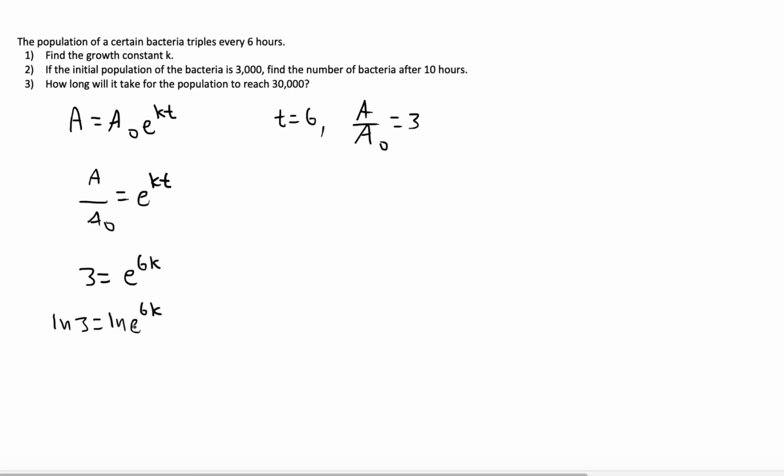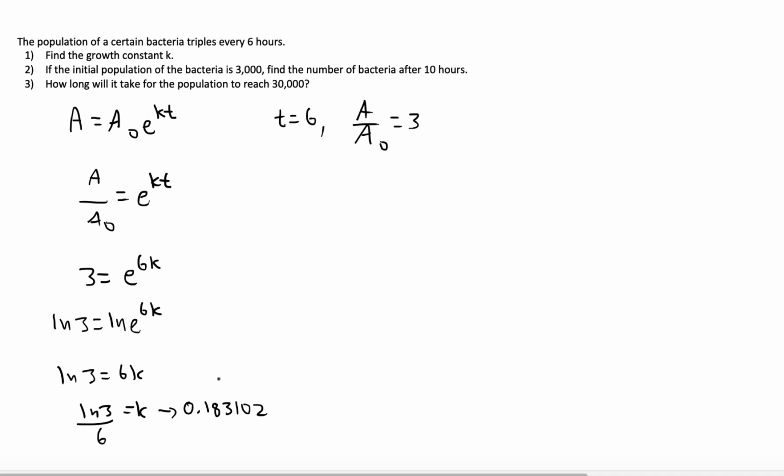And then the ln of e just cancels out, so ln of 3 is equal to 6 times k. And now we can solve for k. K is just ln of 3 divided by 6, and when we calculate this number, we get a decimal. I'm just going to round this to 6 decimal values: 0.183102. This is the growth constant.